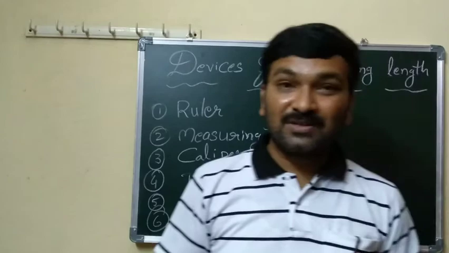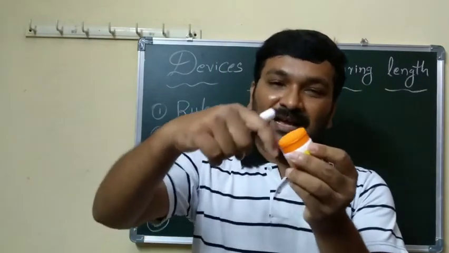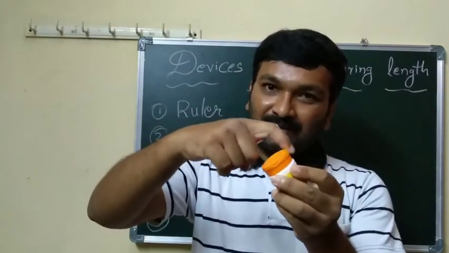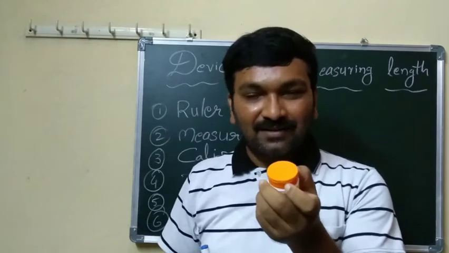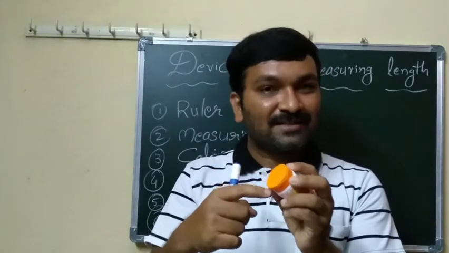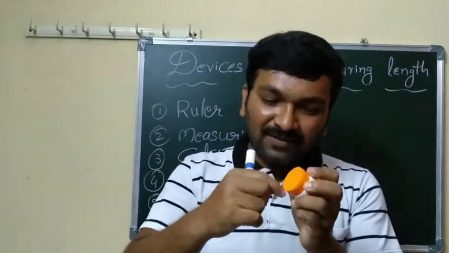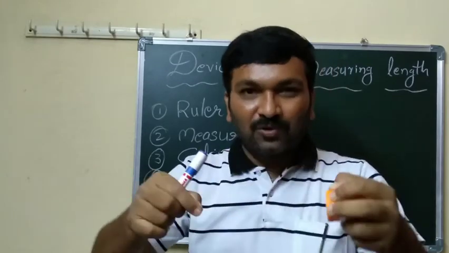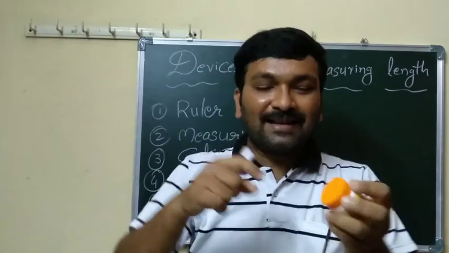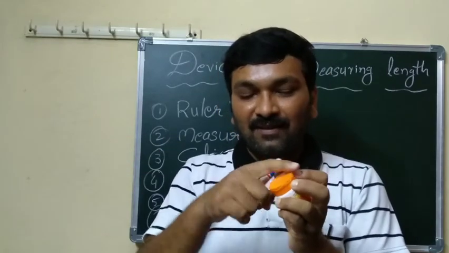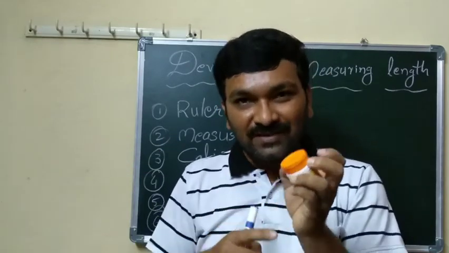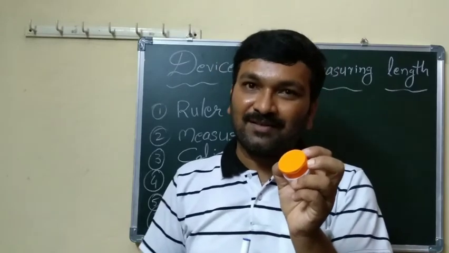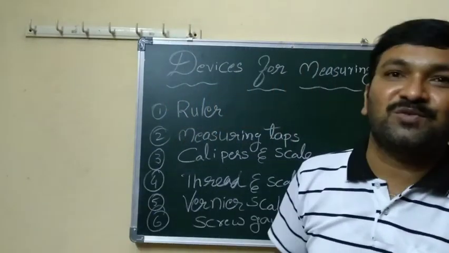Thread: suppose I want to know this perimeter, or if you take a circle, the circumference. If I put the thread around this, remove it and keep it on a scale, then I can get the circumference of this cap. That is also one technique. In olden days they used that only.